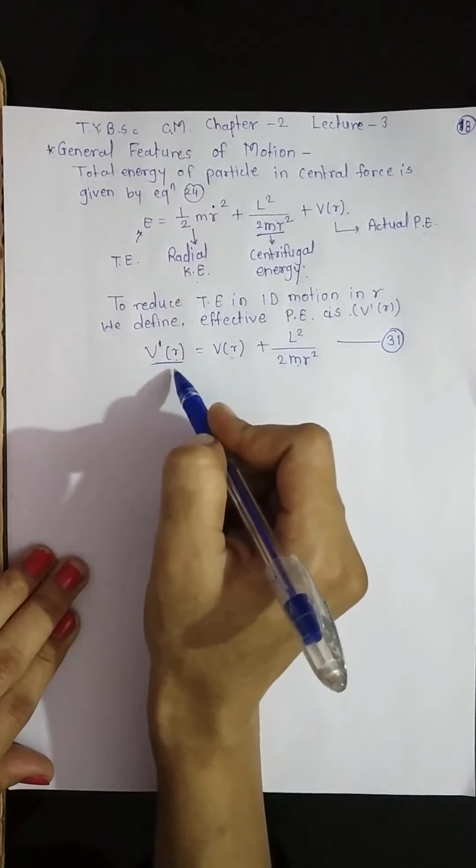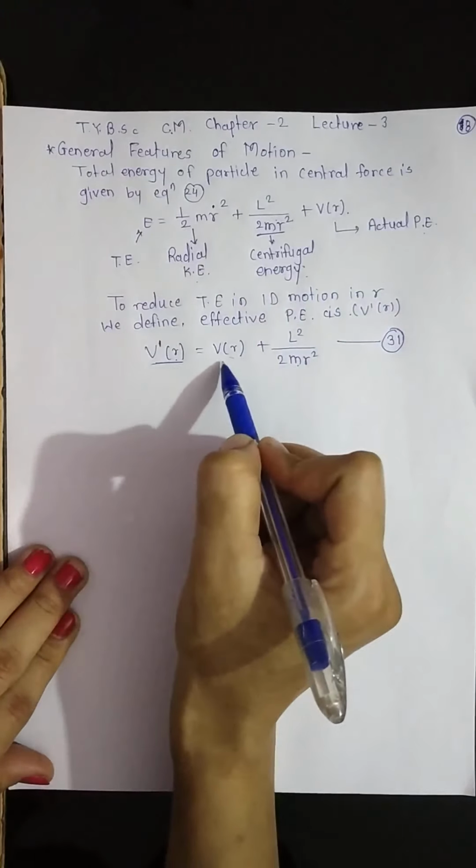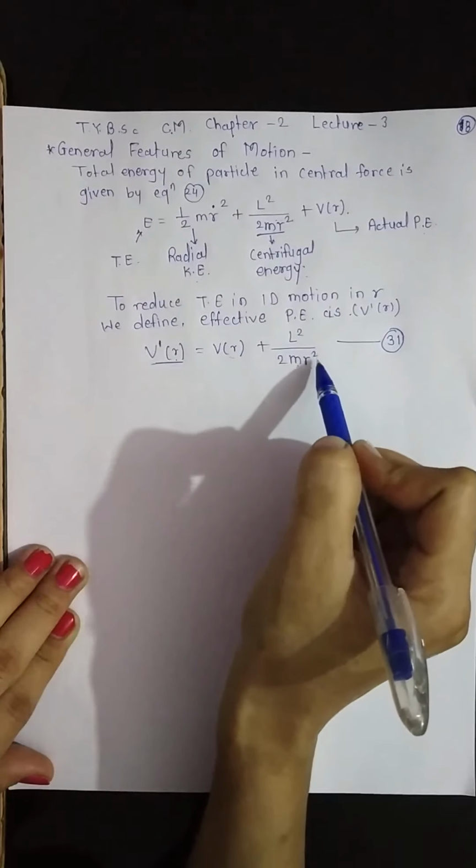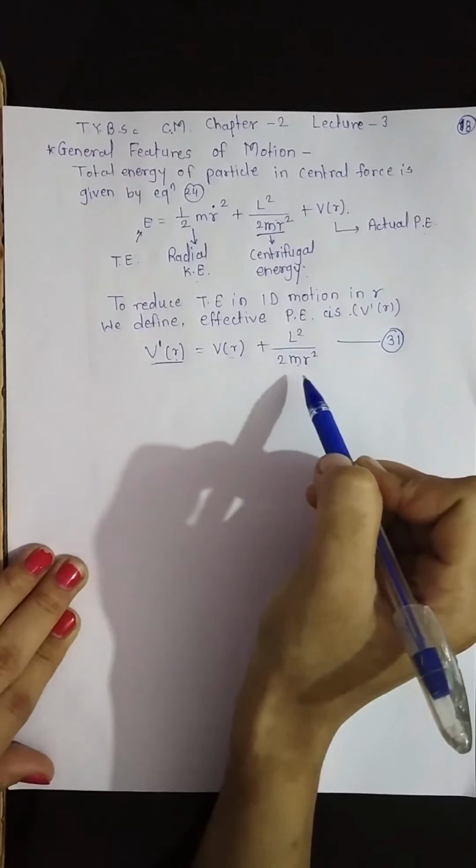So the effective potential energy V dash of R is defined as V of R plus L square upon twice m r square.